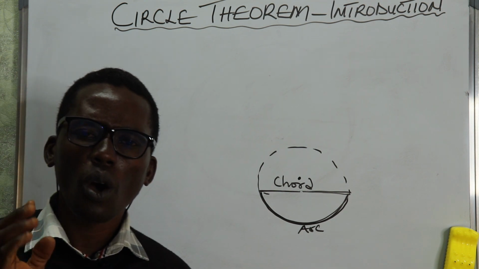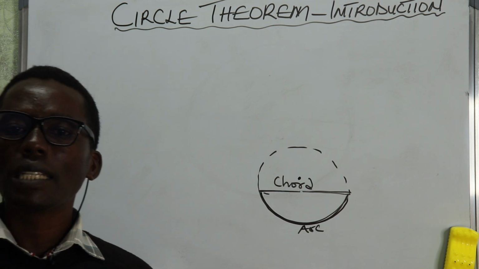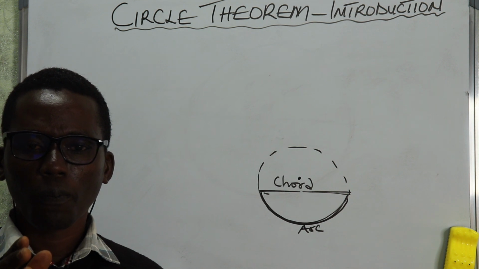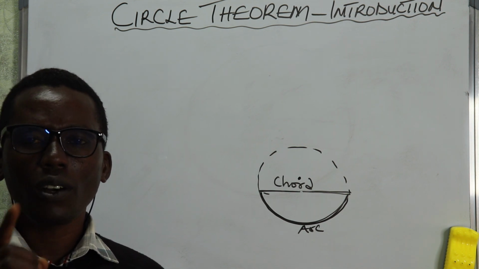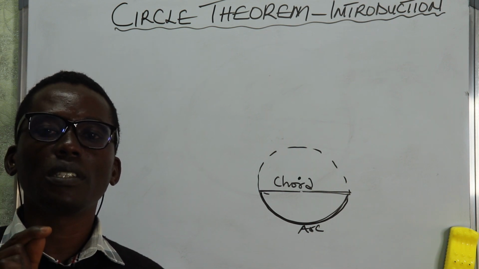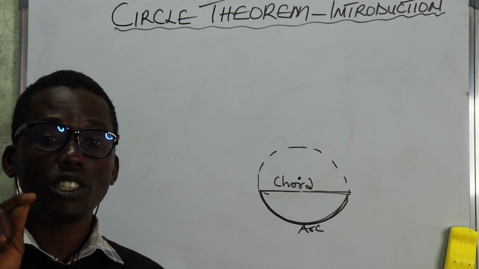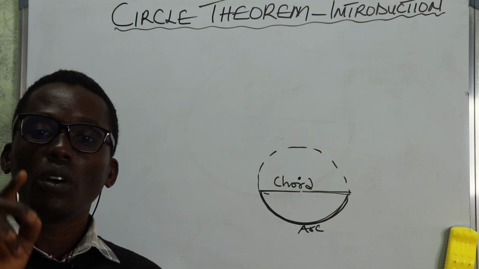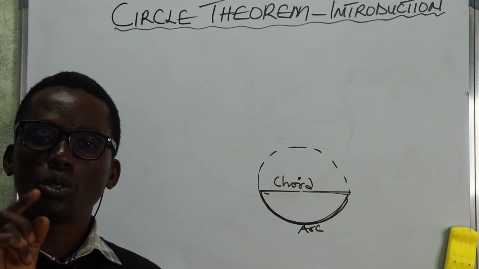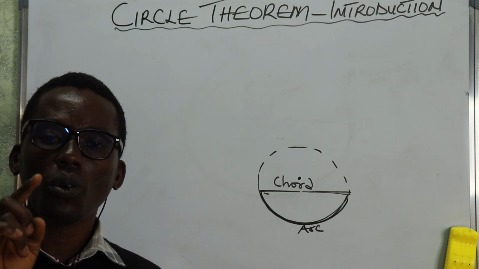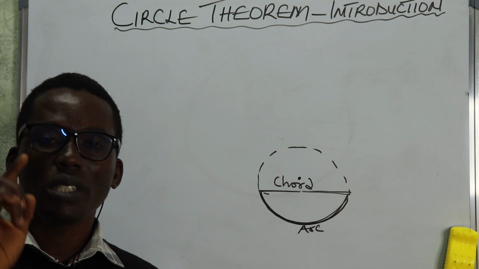Now, the chords of a circle as well as the arc of any circle can form an angle either at the center of the circle, take note of this, or at the circumference. And this they do by joining the 2 ends of that chord or of the arc to the center of that circle or to any point on the circumference.